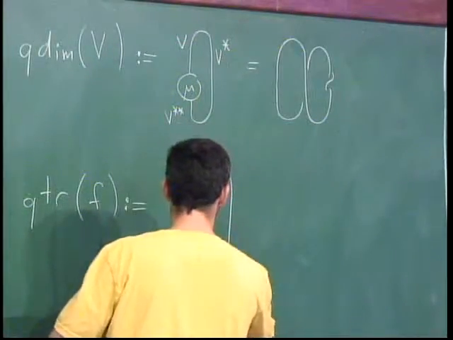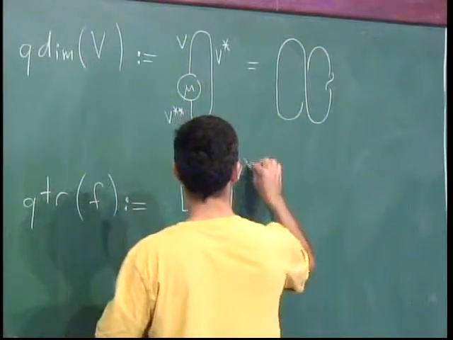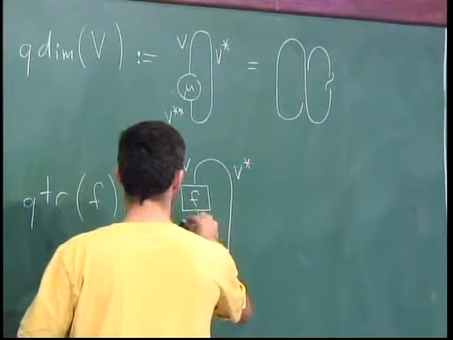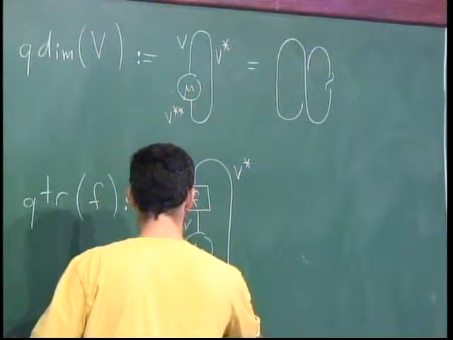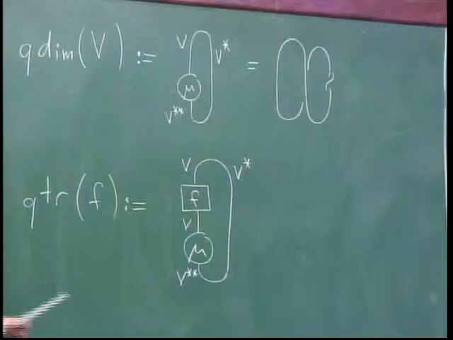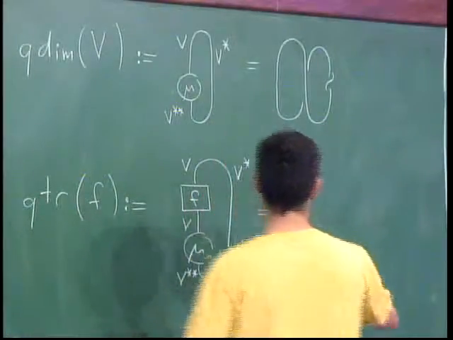So in particular, the quantum dimension is the quantum trace of the identity map from V. So here I have V again, and here I have V double dual. I can take the quantum trace of a map from something to itself. And again, if I want, I can rewrite it in that form.